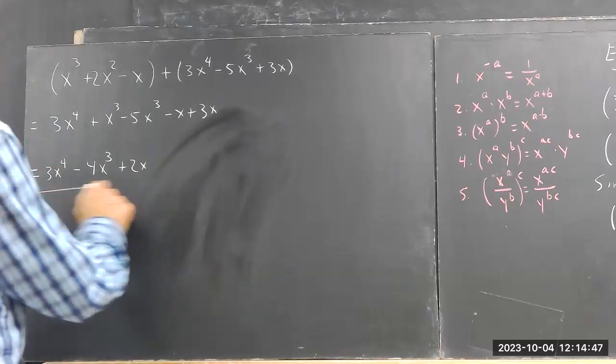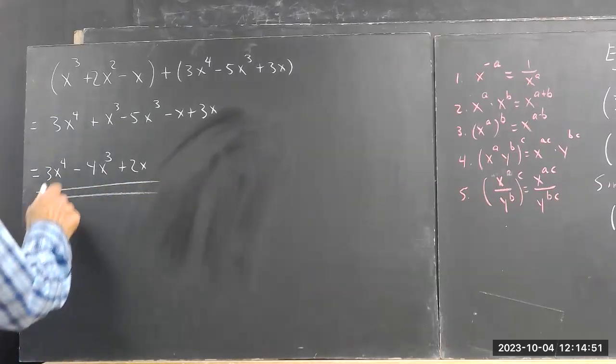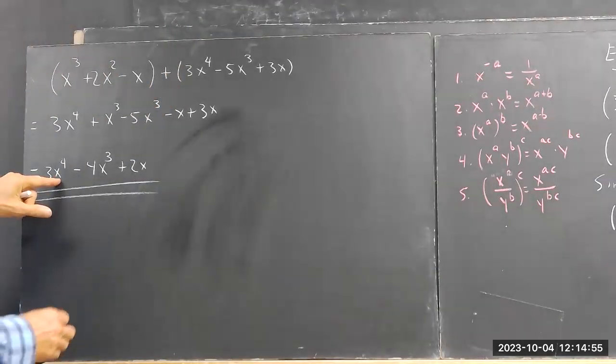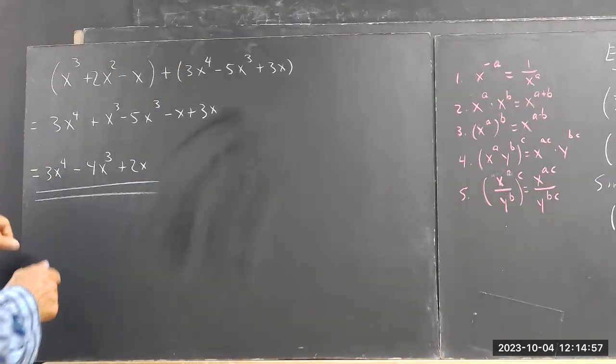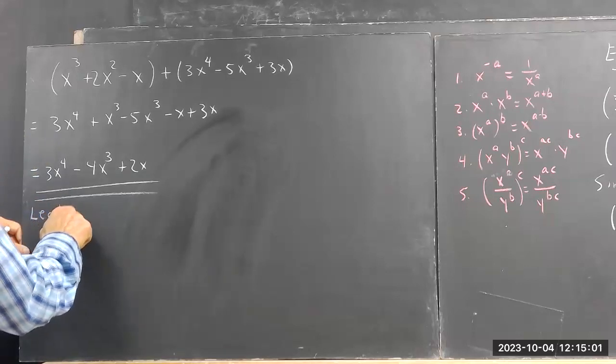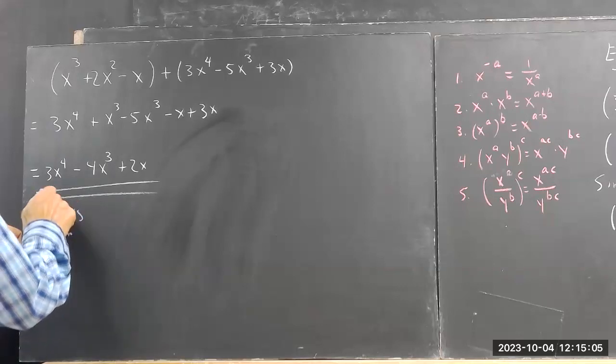Now, a little terminology. This 3x to the fourth is the highest power. You call that the leading term.